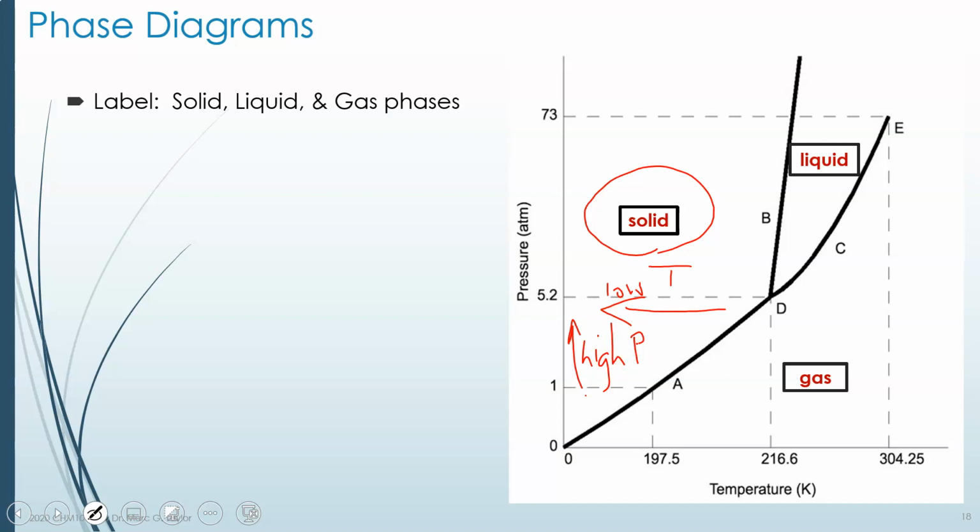In other words, it's the part of the graph that's in the higher pressure range and the lower temperature range. And that's what you'd expect for a solid. Solids are made when you cool things down, but solids can also be made when you press the particles together tight enough that they become more solid. So that makes sense.